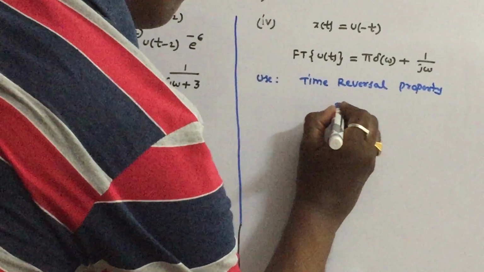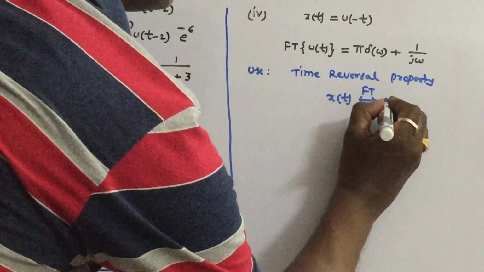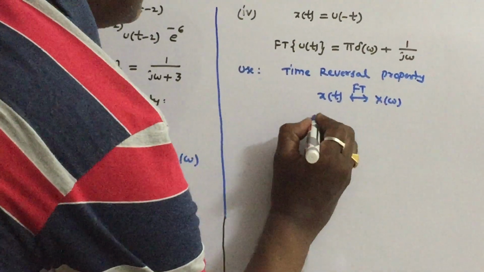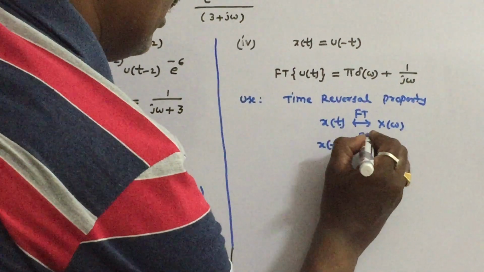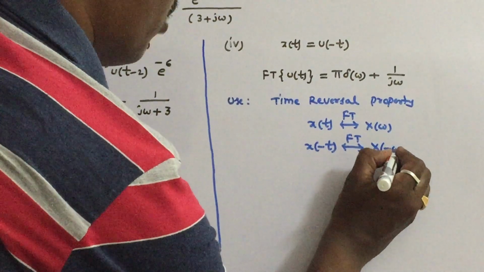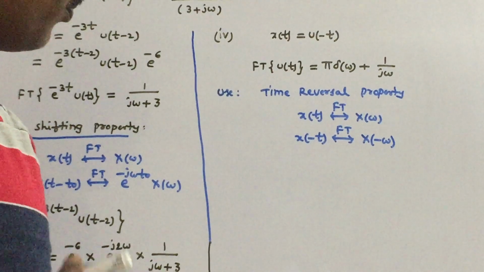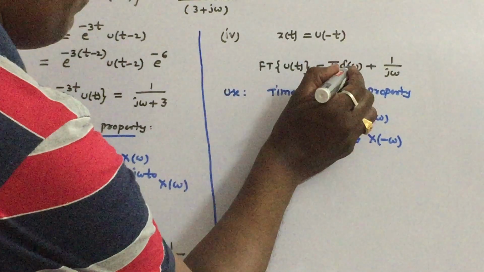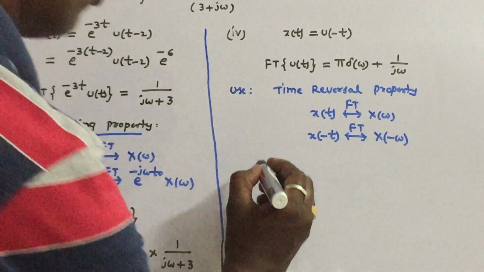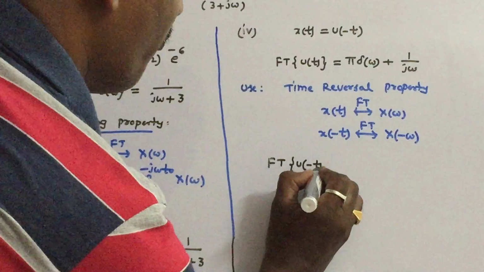If x of t's Fourier transform is X of omega, then for x of minus t, if you time reverse x of t, just time reverse the Fourier transform also, that is, omega is replaced by minus omega. So if you want to find the Fourier transform of x of minus t, just replace omega by minus omega. Therefore, I want to find the Fourier transform of u of minus t.